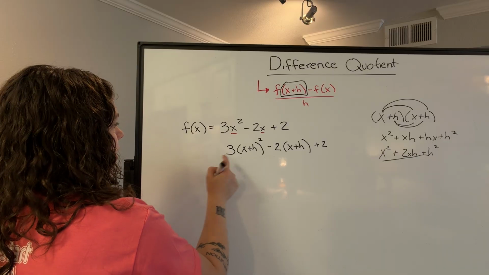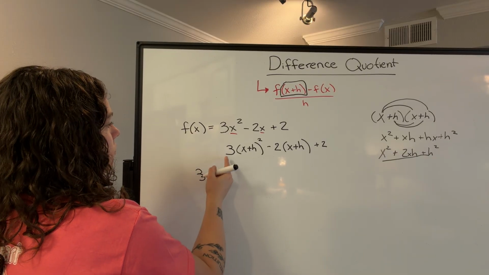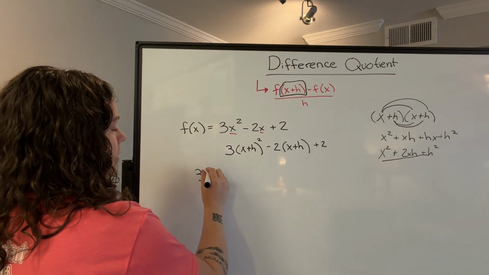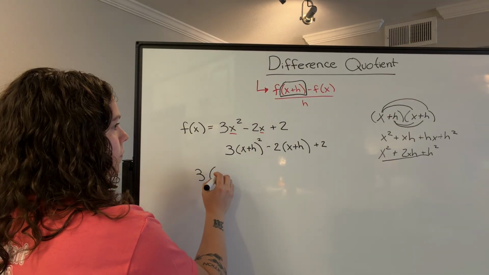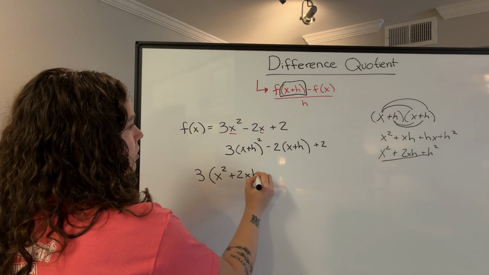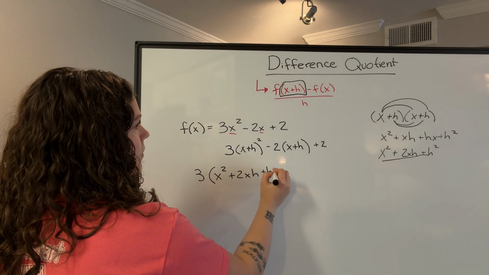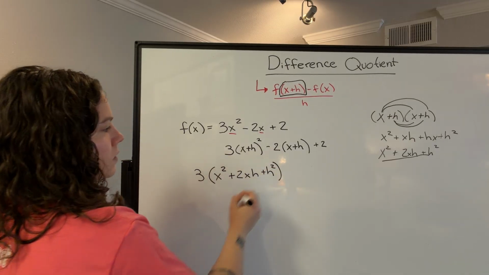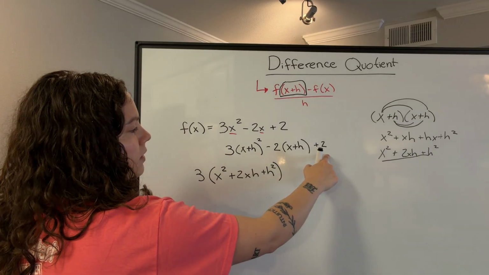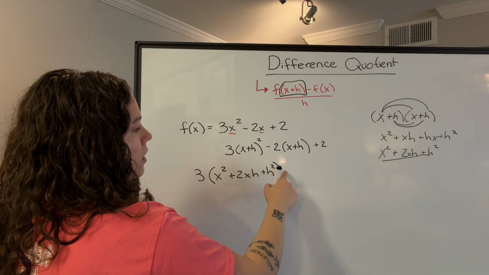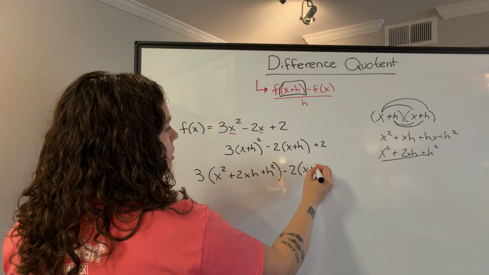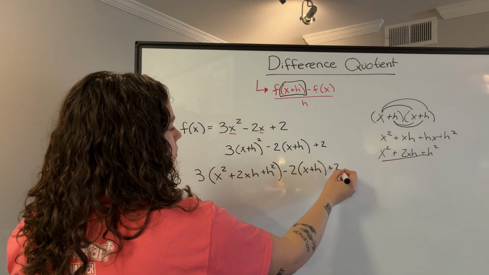So now we have this new function, 3, substituting all of this into x plus h, we get, don't forget your parentheses, x squared plus 2xh plus h squared, end parentheses. Now we are going to finish off the rest of this second half of the equation. We are going to subtract 2 times x plus h, plus 2.